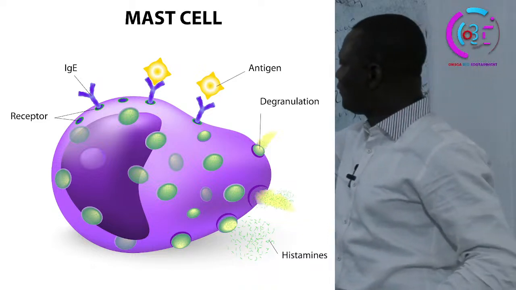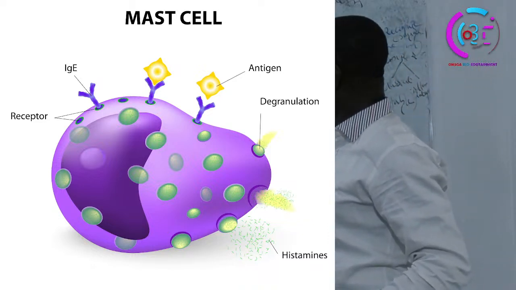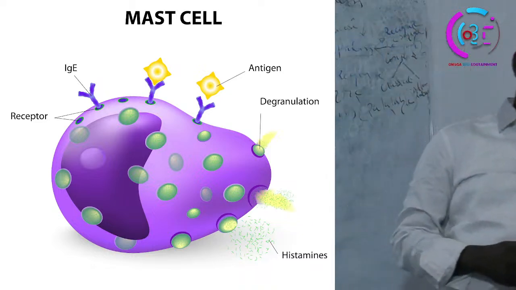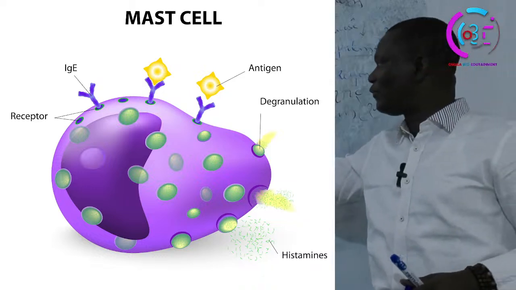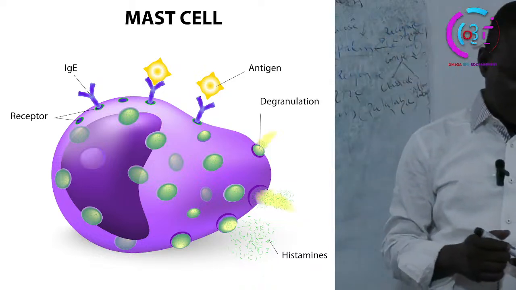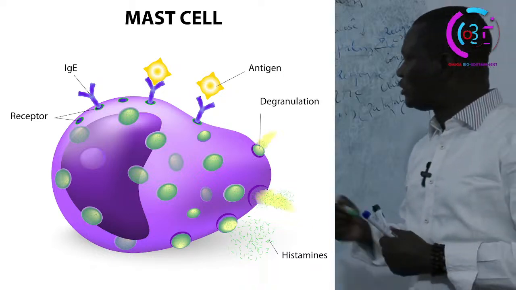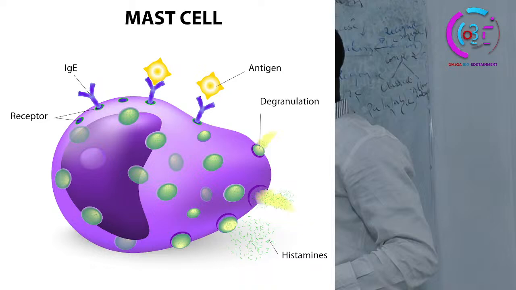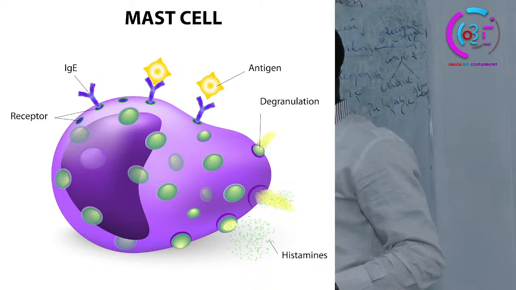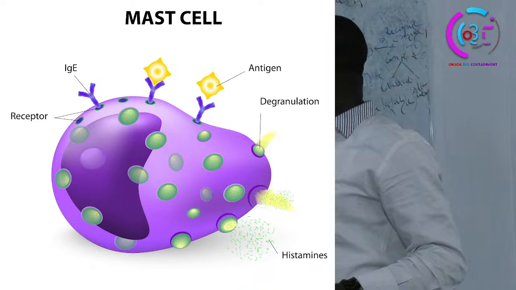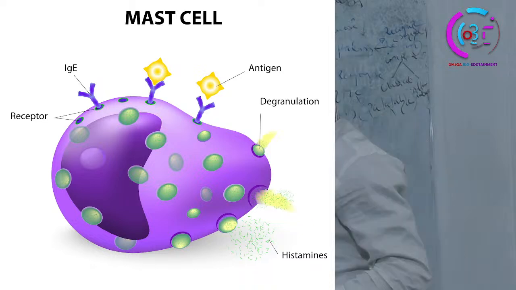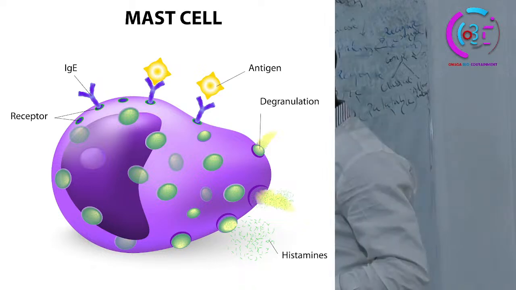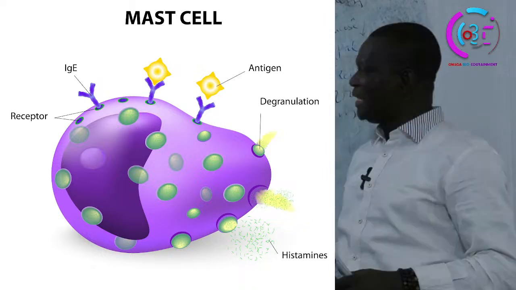They have the characteristic of cytoplasmic granules. They are made up of cytoplasmic granules that will make the invading cells be lysed. It's just like when you have a dehydrating agent.